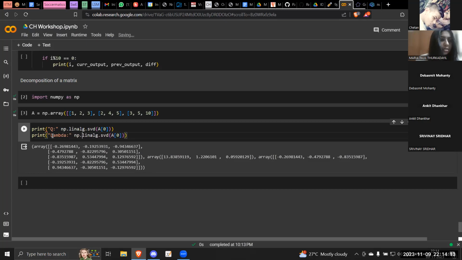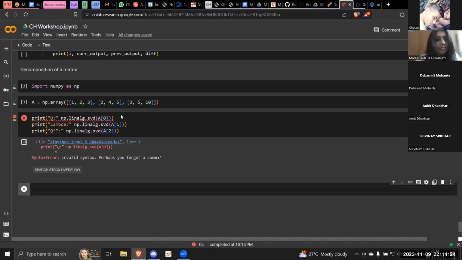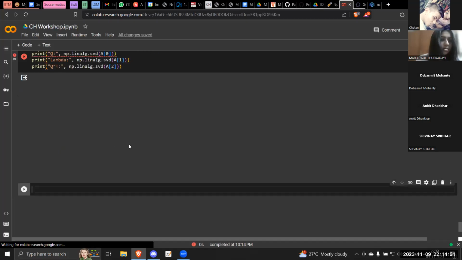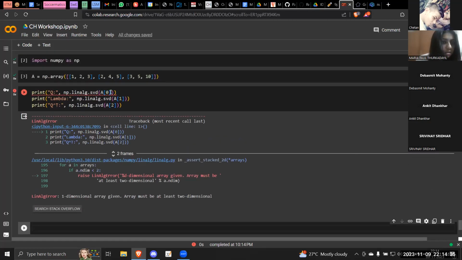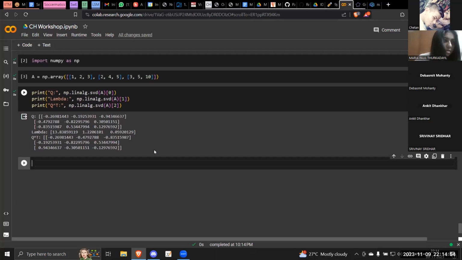Actually, your lambda is a diagonal matrix, right? Yeah, these are just the eigenvalues.